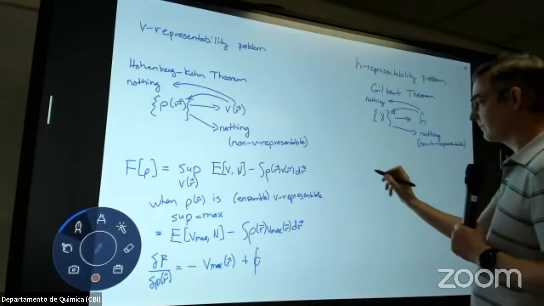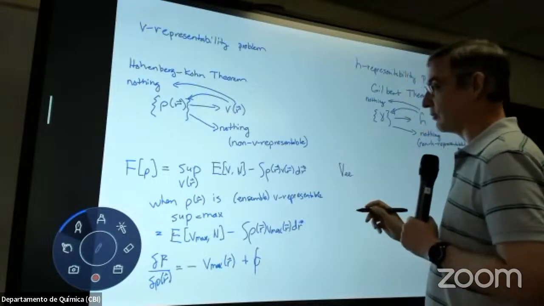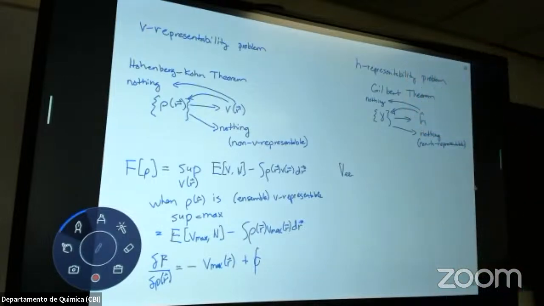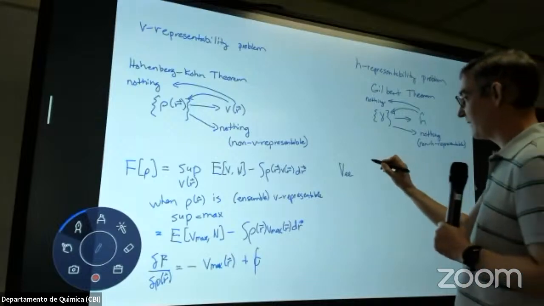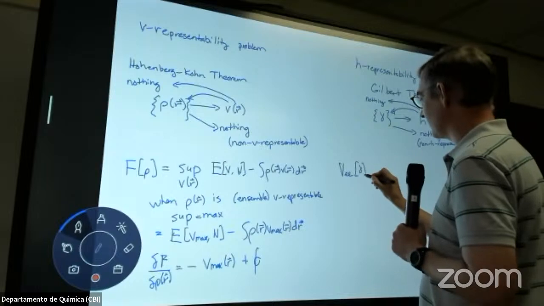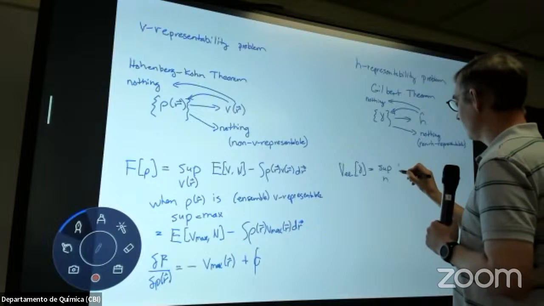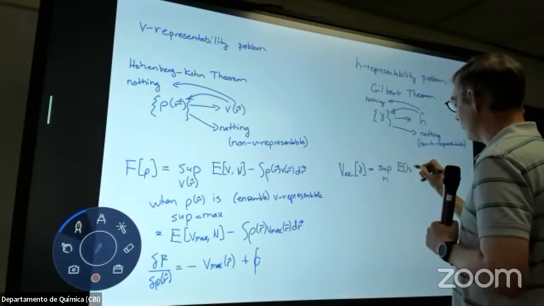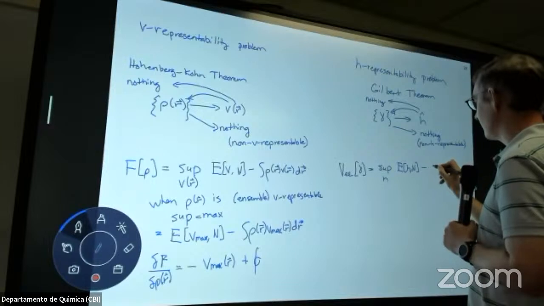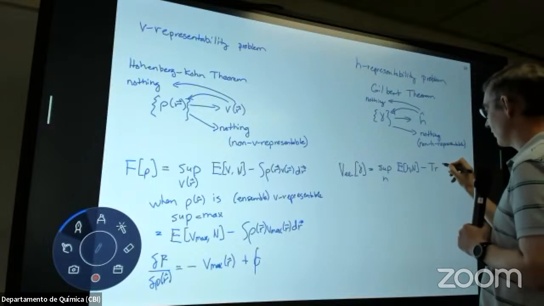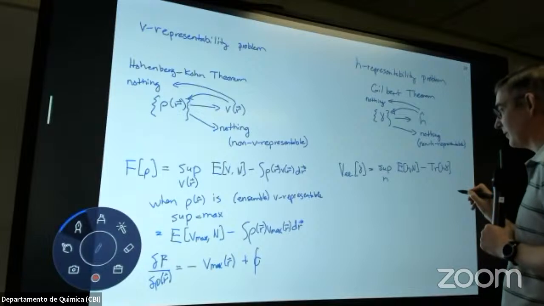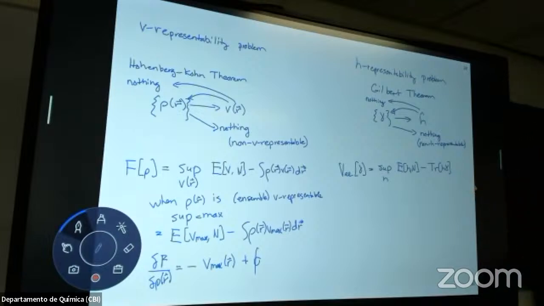Now my functional, I'm going to do it without any regularization. So I'm going to go back to the one I did with Maldivi and Sidney Golden, even though it's computationally regardless, it's mathematically correct. So V E of gamma is the supremum over Hamiltonians of E of H, minus trace H gamma, right?